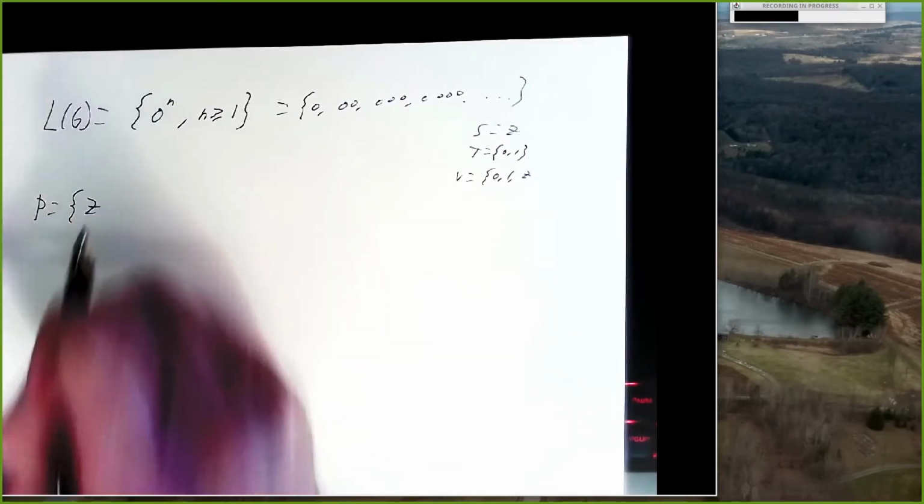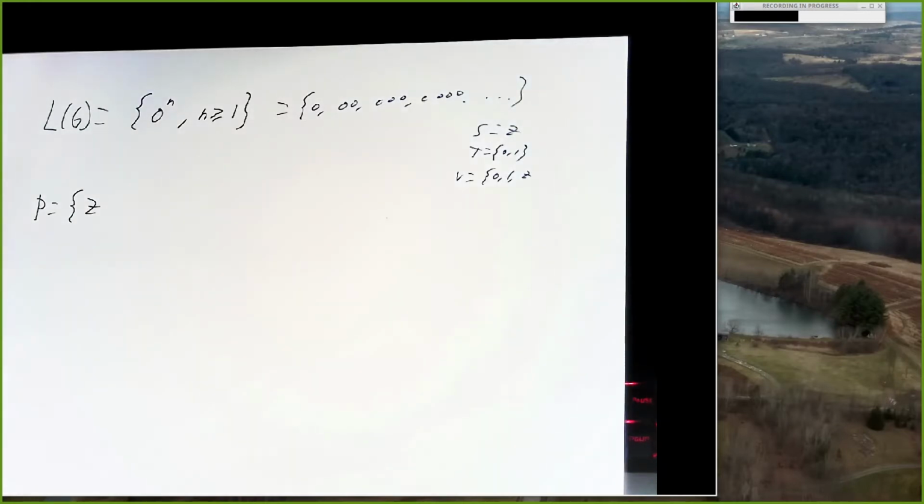So what could we change our start symbol into to get a repetition of zeros?